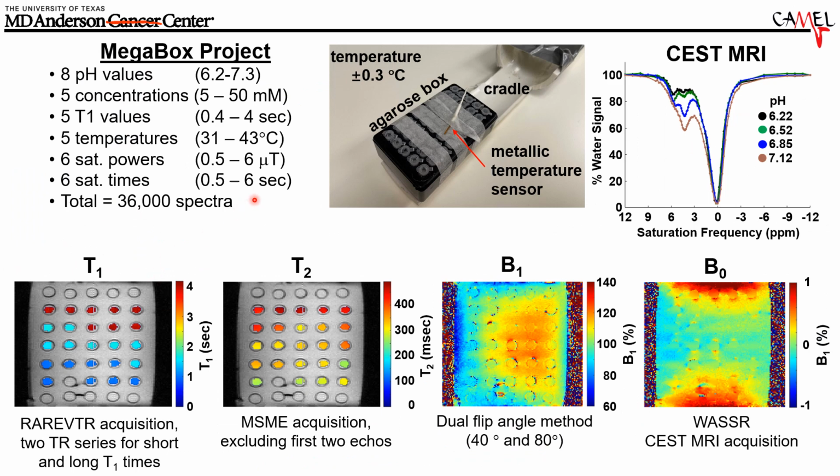So we did a project where we took a series of samples at 8 pH values, 5 concentrations, and 5 T1 values by doping with gadolinium, and then performed CEST at 5 temperatures, 6 saturation powers, and 6 saturation times. So a lot of CEST spectra, along with their corresponding T1, T2, B1, and B0 maps of these samples.